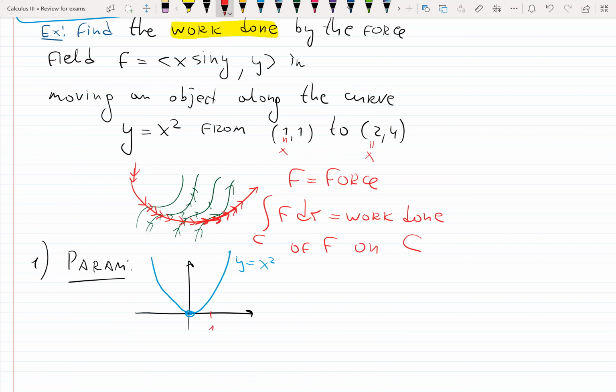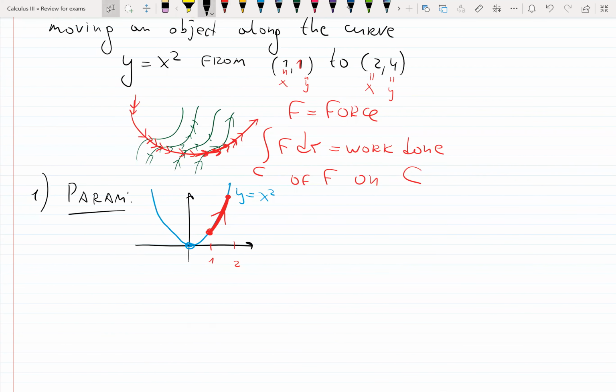Find 1, find 2. y is from 1 to 4. Makes sense because it's on the parabola, like so. So this is the only path we're describing. And now we know that it's going from top to bottom. It might be going backwards, you need to check that. One of the ways to do parameterization is to call x t and then y whatever happens with that t. So you call x to be t and y will be plugged in.